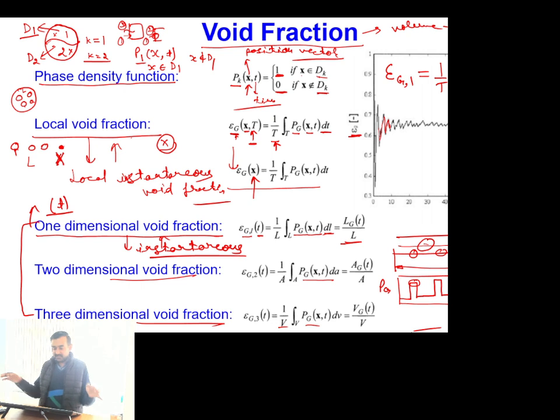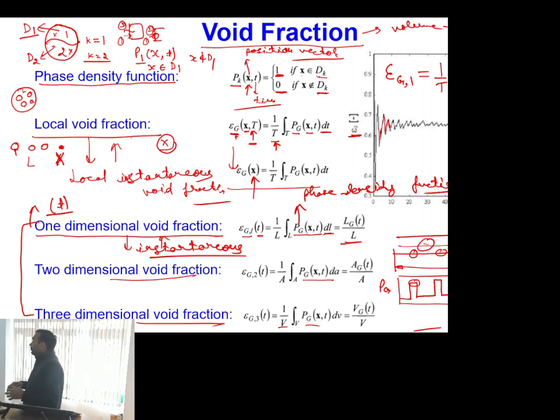So it means that if you have to design some experimental technique for measurement of the void fraction, what do you need to do? The mathematical basis we have seen. But in all this mathematics, what is missing? The phase density function. All are clear with this point? So if you can devise some experimental setup which can measure the phase density function, then you can calculate the value of the local instantaneous and the time averaged void fractions.